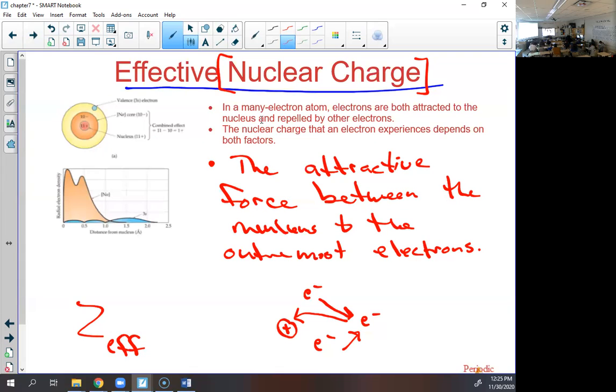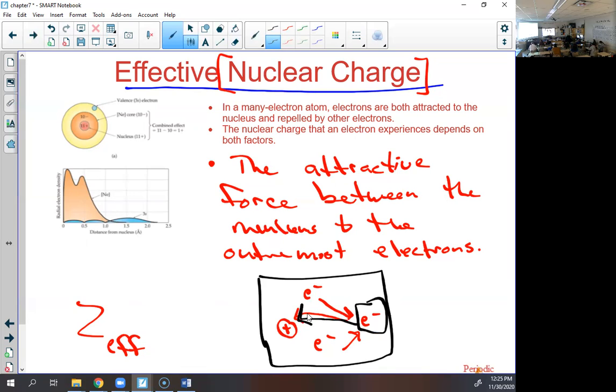All right, so in a many-electron atom, electrons are both attracted to the nucleus and repelled by other electrons. The nuclear charge that an electron experiences depends on both factors. So that's what this beautiful picture is right here. You have this electron right here, and we're trying to figure out the force at which it's attracted towards that nucleus.